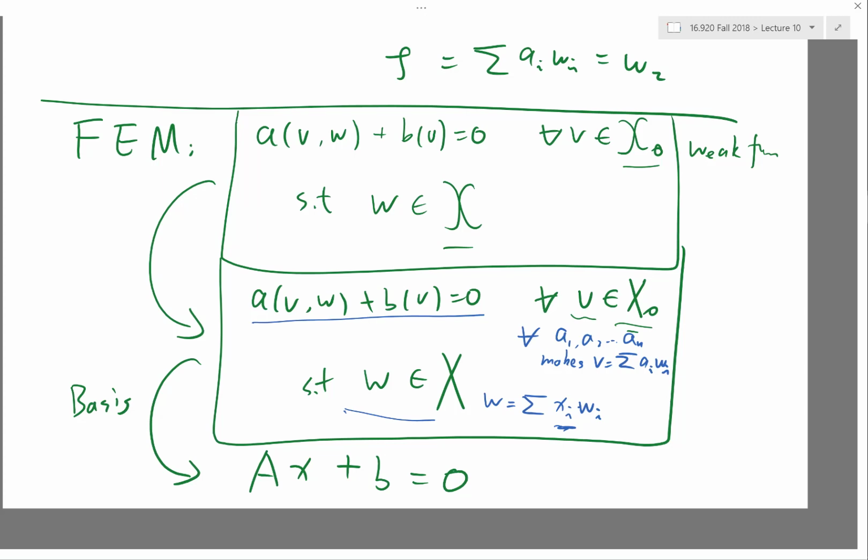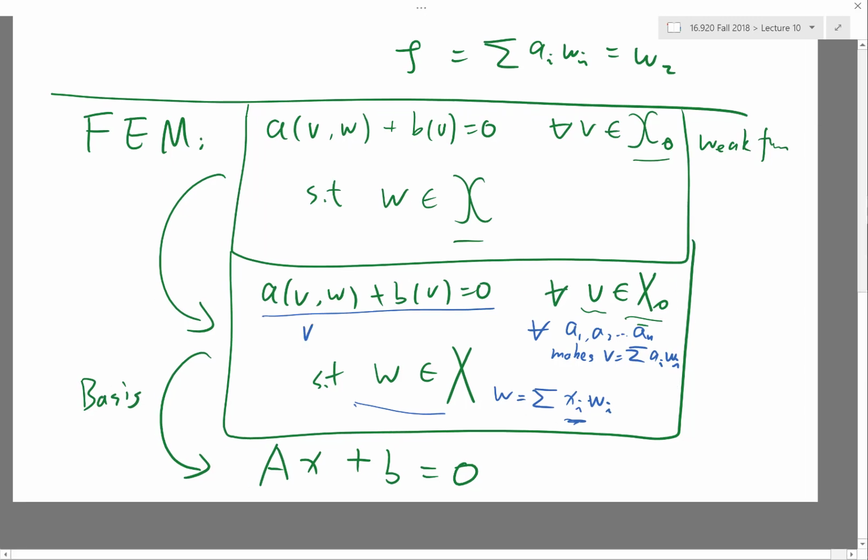So in particular, if I just enforce the first equation for v equal to each Wi, I have actually enforced this equation for v being any linear combination of these Wi's, which means I have enforced this equation for any v in X0. Make sense? Okay, any questions on this?